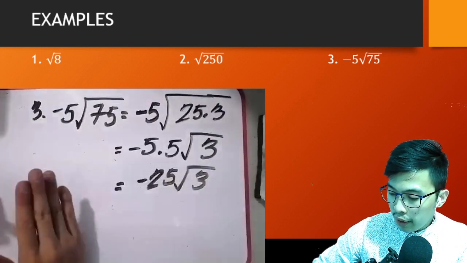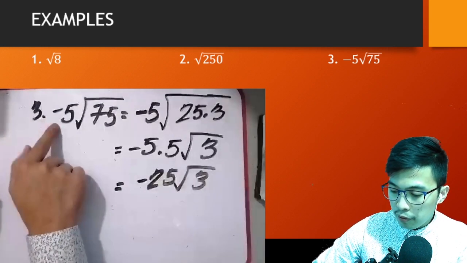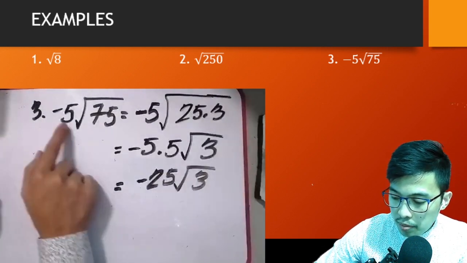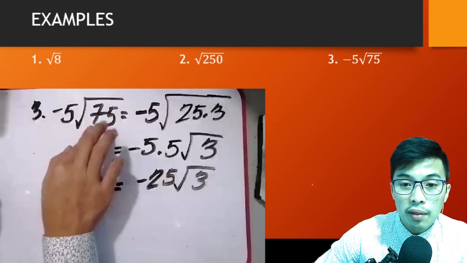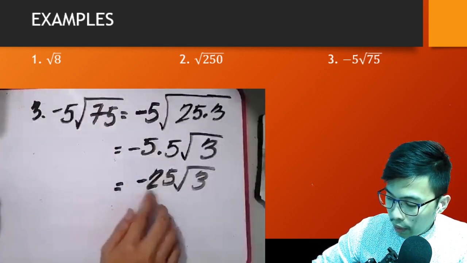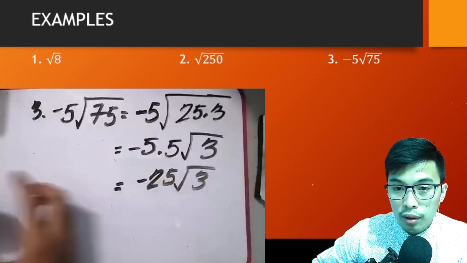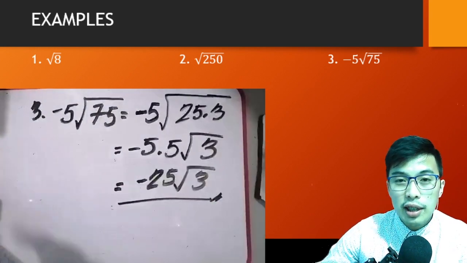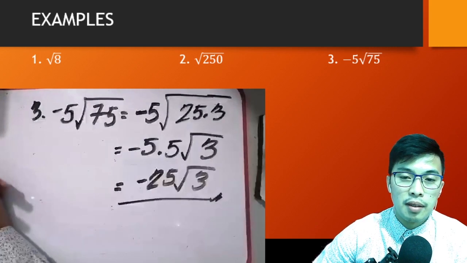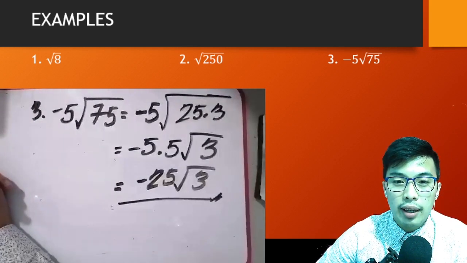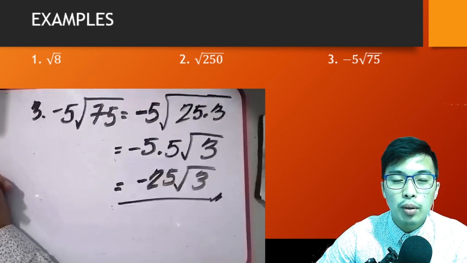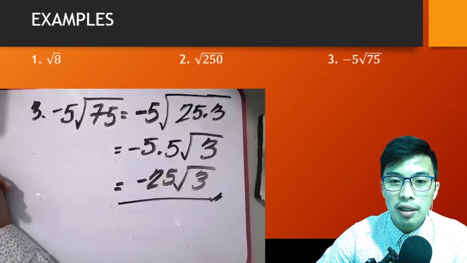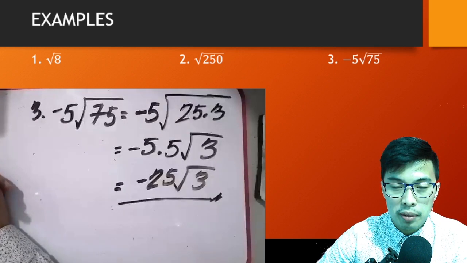Okay, so therefore, we can now say that the simplified form of negative 5 times the square root of 75 is negative 25 times square root of 3. Okay? So, ganun lang siya kadali. Okay. So, that's how we apply the multiplication property of radicals on the whole numbers.